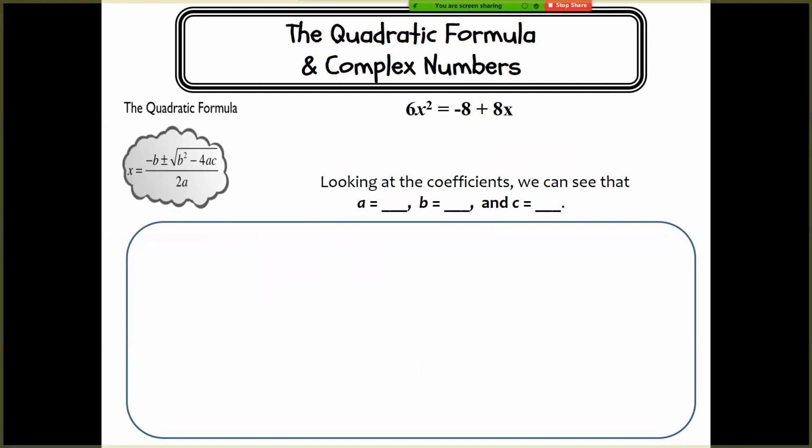This time we do not have 0 on one side. Remember yesterday I told you I never want to make the x squared term negative. So I'm going to move the 8 and move the 8x. So I'm going to add 8 and subtract 8x from both sides.